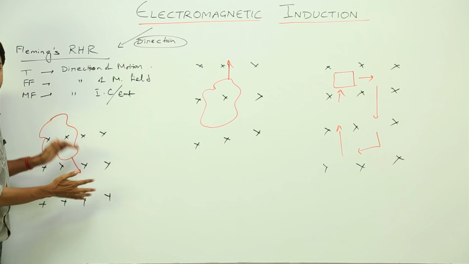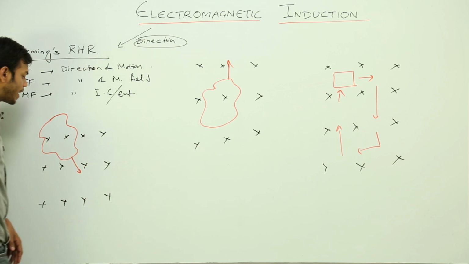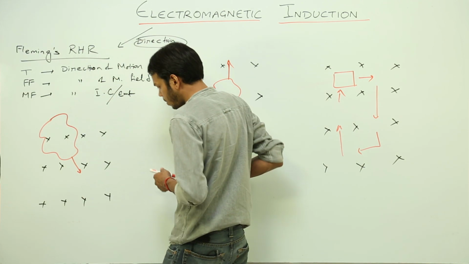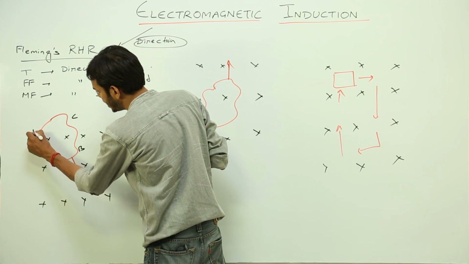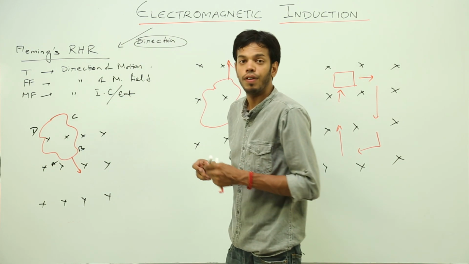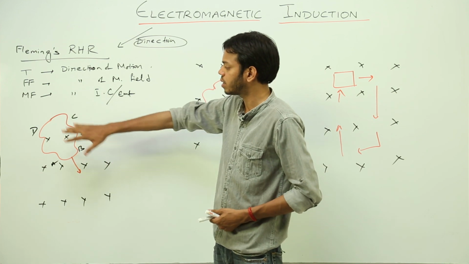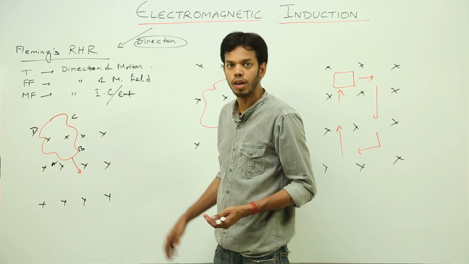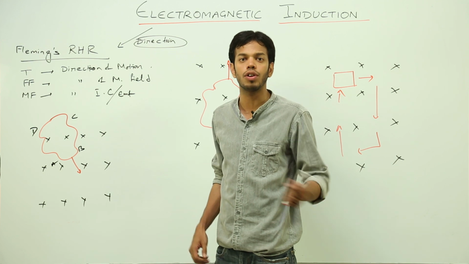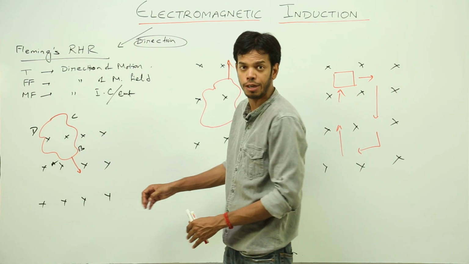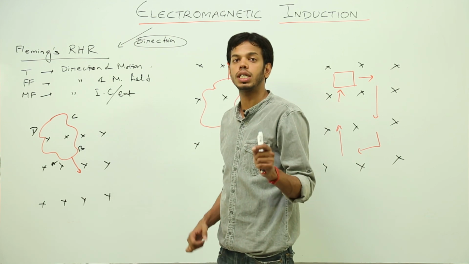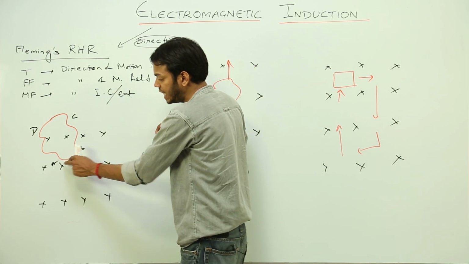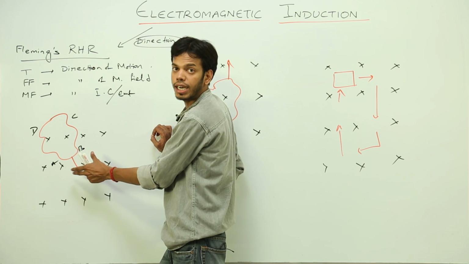If the whole figure is entering the magnetic field, that means if I write the names here, A, B, C, D, then when any closed loop, whether rectangular, square, circular or random shaped, is entering the magnetic field, you have to consider that part which is the first part to enter the magnetic field.